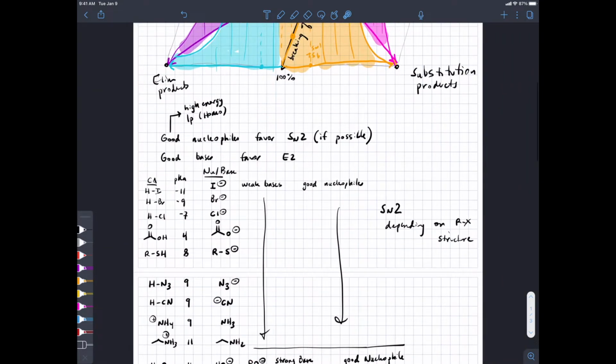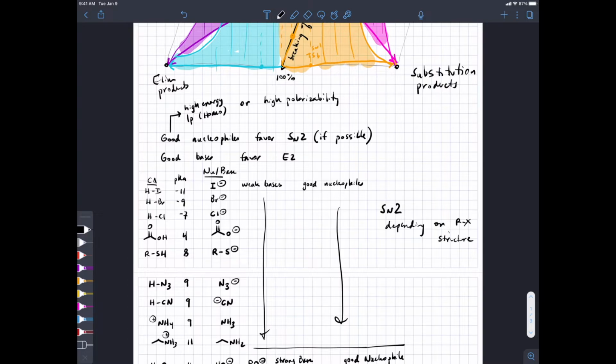The other way you can be a good nucleophile is to have high polarizability.